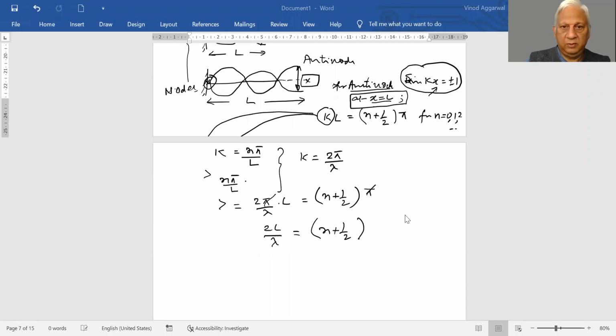This was the treatment for antinode, because at this condition, sine will be maximum.